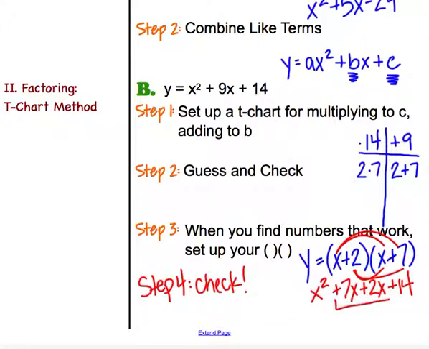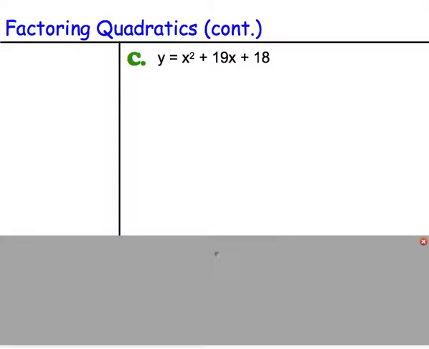I look here, 7x plus 2x gives me x squared plus 9x plus 14, which is what we had over here to begin with, so we do check. So our final answer that we want is y equals the quantity x plus 2 times the quantity x plus 7.